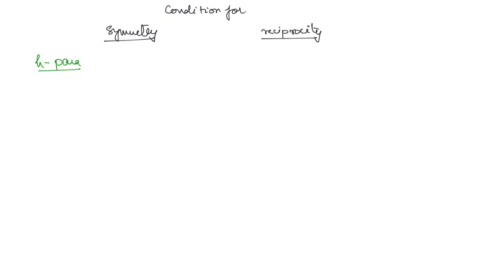And lastly, what are the conditions for symmetry and reciprocity for both the parameters, H parameters and G parameters? So for the H parameters, the condition for symmetry is H11 H22 minus H12 H21 is equal to 1, and the reciprocity condition is given by H12 is equal to minus H21.